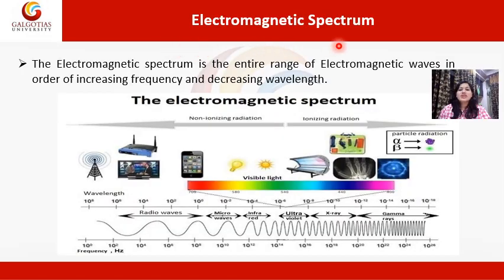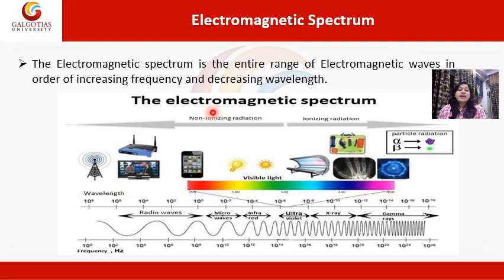What is the electromagnetic spectrum? The electromagnetic spectrum is the entire range of electromagnetic waves in order of increasing frequency and decreasing wavelength. Means the electromagnetic spectrum is a continuum of all the electromagnetic waves arranged according to the frequency and wavelength.